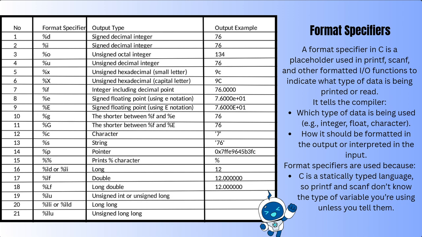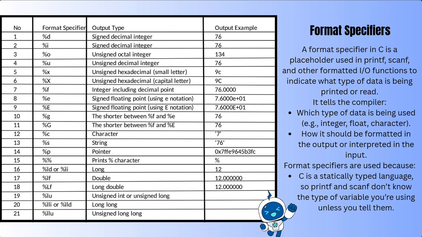A format specifier in C is a placeholder used in printf, scanf and other formatted input and output functions to indicate what type of data is being printed or read. It tells the compiler which type of data is being used, for example integer, float, character. Just like data types separate data from one another, this tells us what type of data is being printed or read.